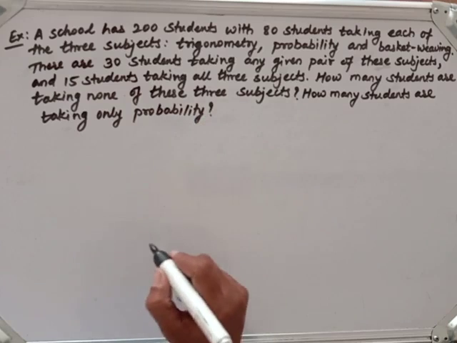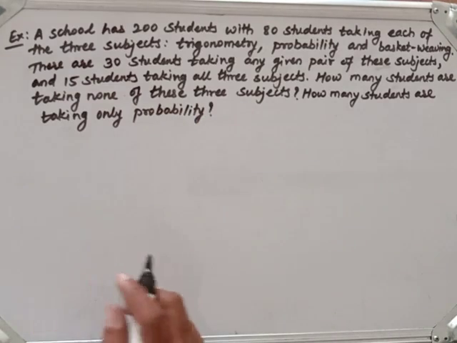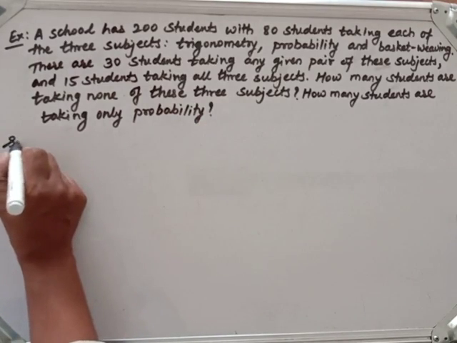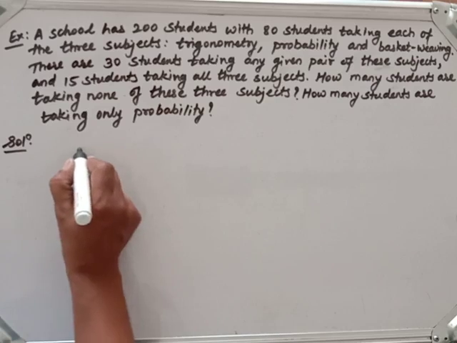This is a question. If we solve this using a Venn diagram, then it is very easy again. So let me take the solution.